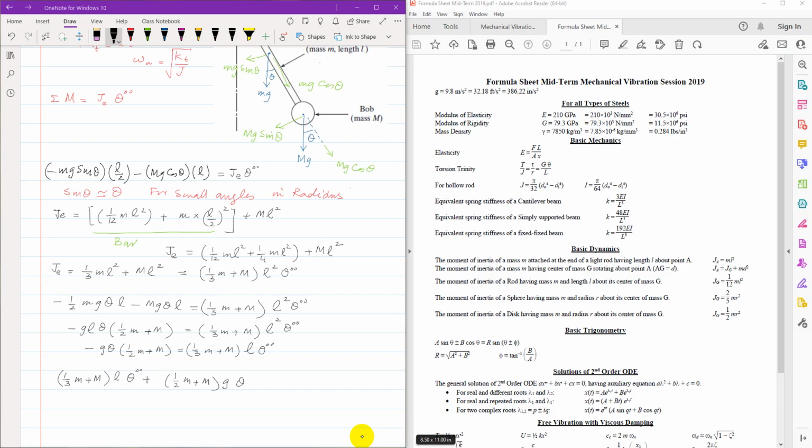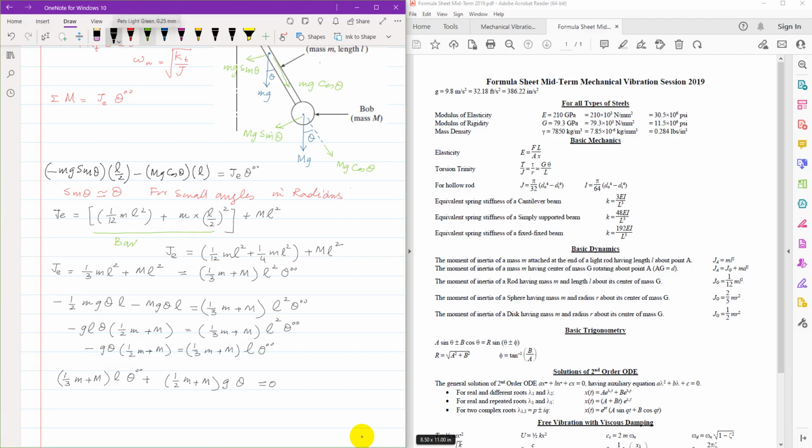So then here L is going to cancel with L squared. So we'll have minus g theta half m plus M is equal to a third lowercase m plus M L theta double dot, and then I can rearrange that. And after rearranging, a third m plus uppercase M L theta double dot plus half m plus uppercase M g theta equals zero.